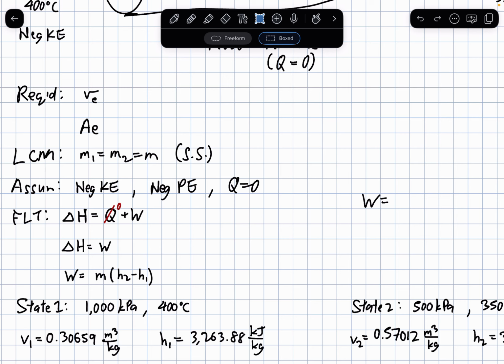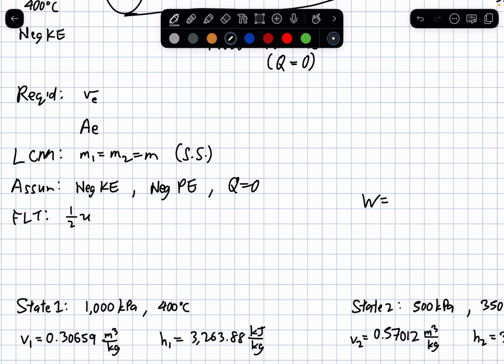One over 2 internal energy squared. What is the KE value?